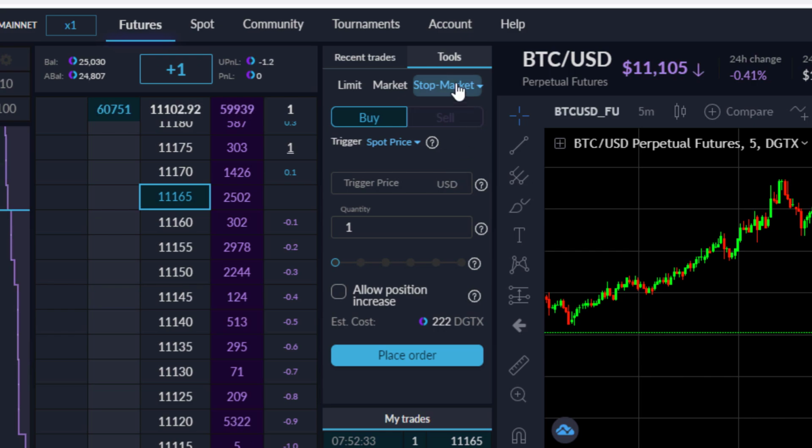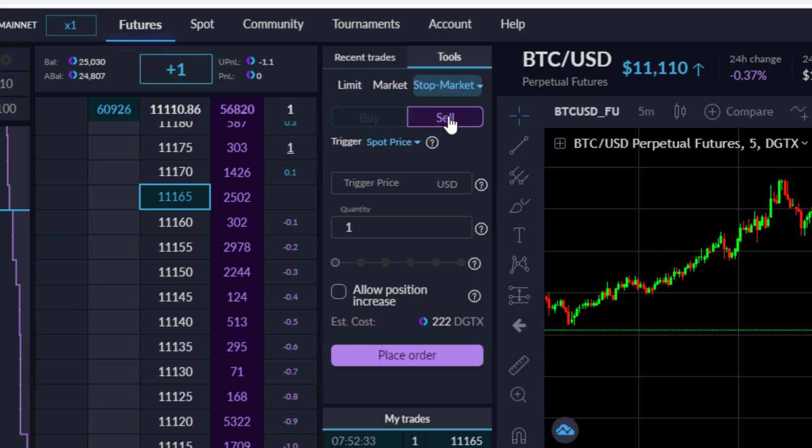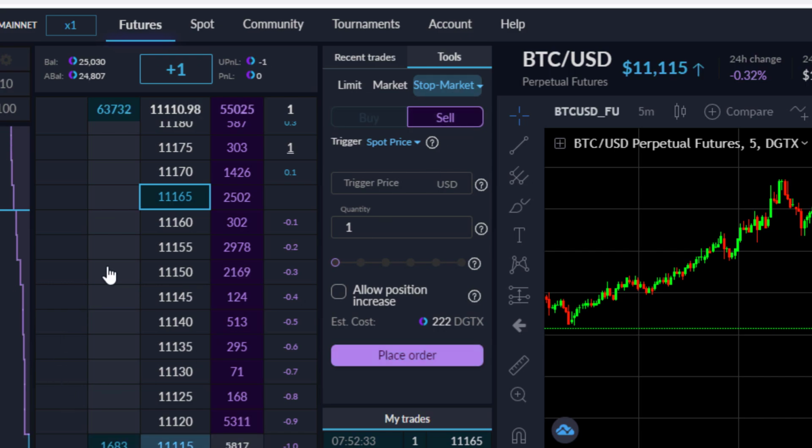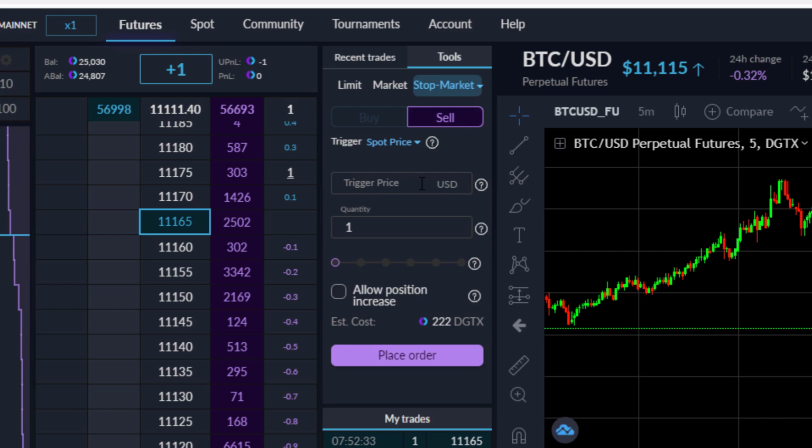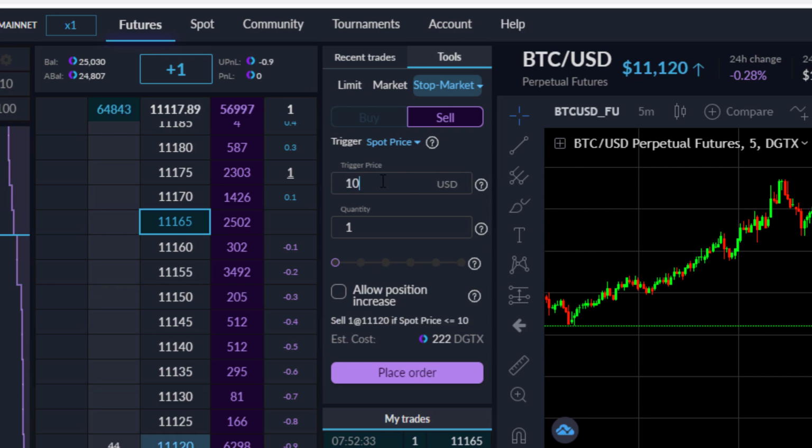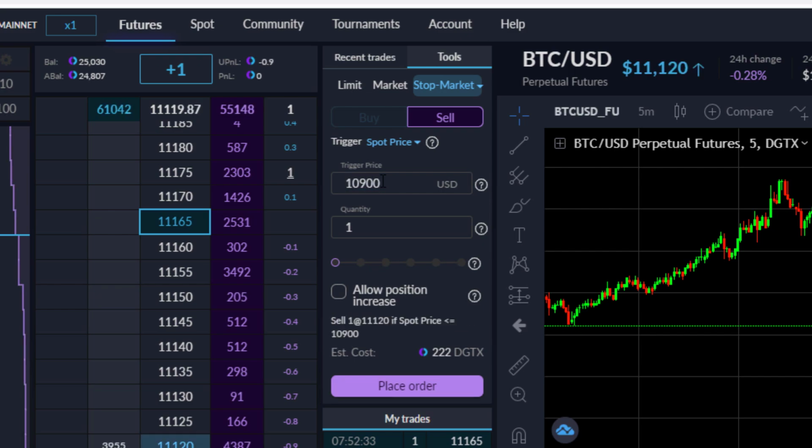Okay, so in this case, a stop market, I want to sell because I bought to open, so I want to sell to close. The trigger price is going to be down there at 10,900. Okay, so that's my trigger price. I have to enter my quantity. Don't worry about this for right now. And then all I need to do is place that order.